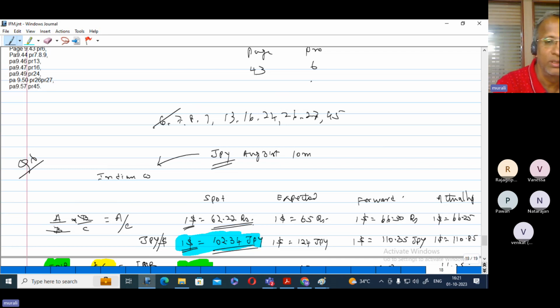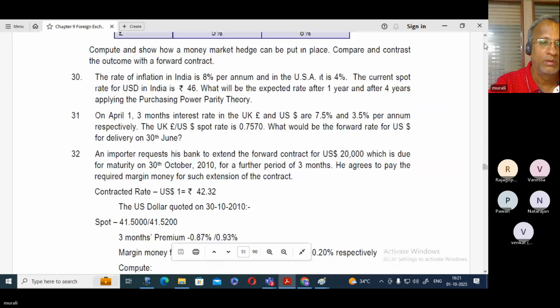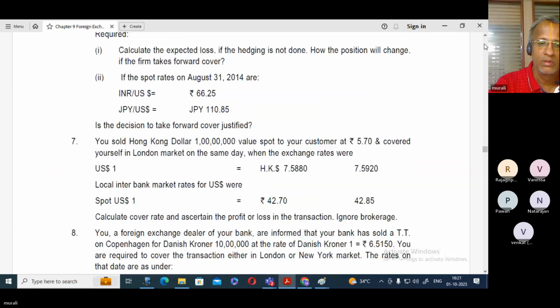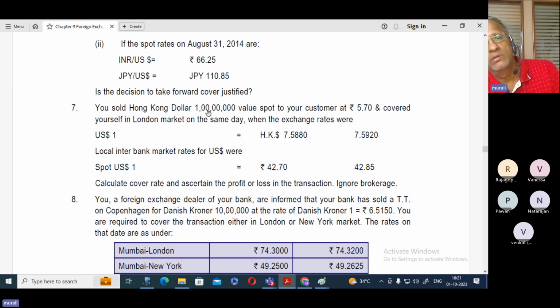So 6 is over. Now let us take up 7. We'll move quickly. You sold Hong Kong dollar 1 million, value spot to customer at 5.70, and covered yourself in the London market on the same day when the exchange rate was $1 Hong Kong this much, bid and offer.